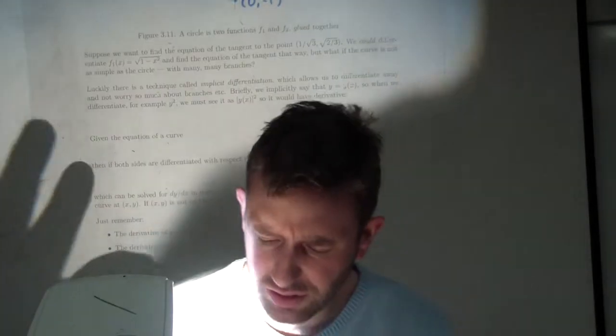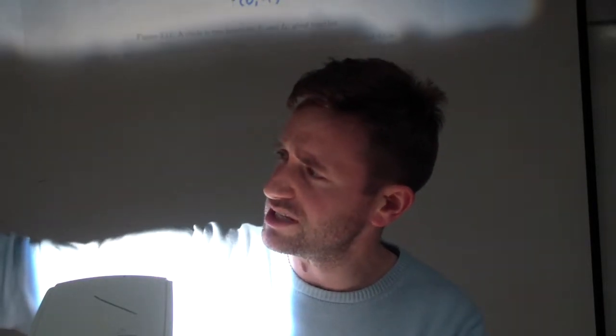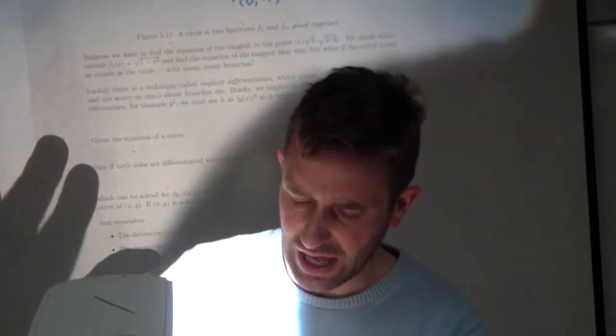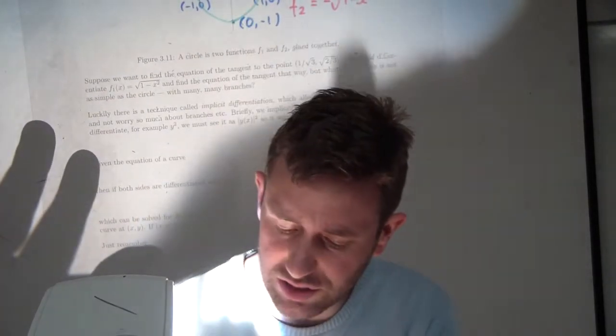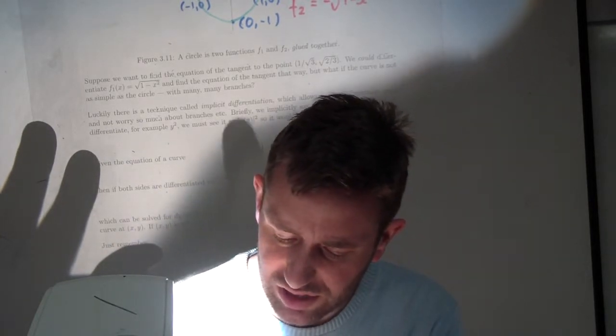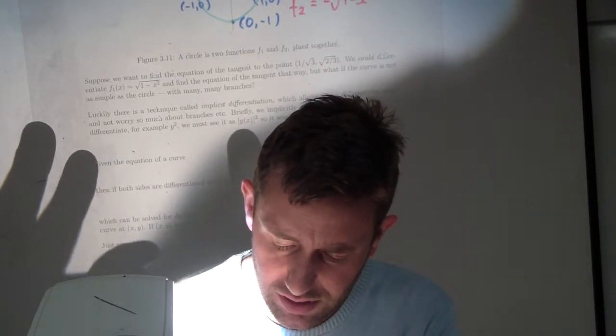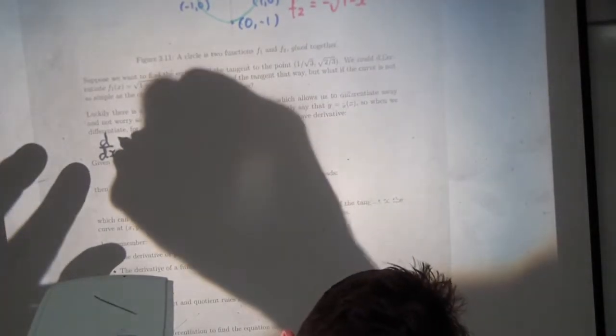So eventually we're going to be differentiating both sides of the equation. And the issue is that if you see y squared, really we're talking about near a particular point, and near a particular point it is the graph of a function. So it's not just an independent y, you think of it as y as a function of x. And then we want to differentiate y as a function of x, squared, for example.